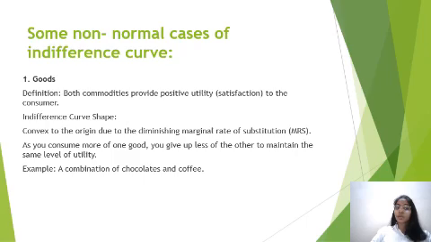As you consume more of one good, you give up less of the other to maintain the same level of utility. Example, a combination of chocolate and coffee. When you consume more chocolate, you can sacrifice coffee.